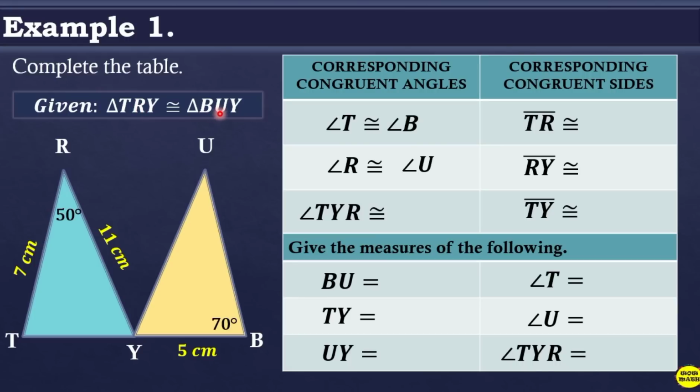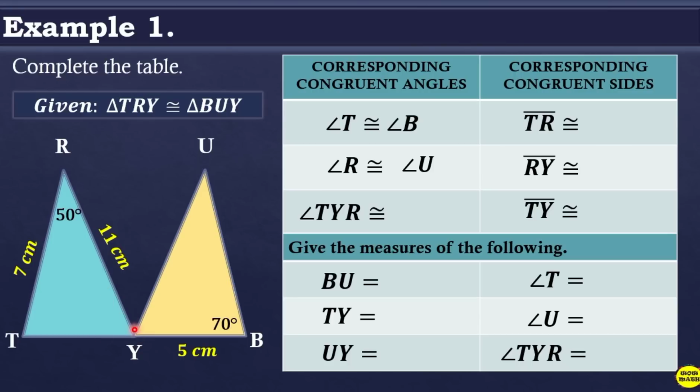Now, as you can see, I use 3 vertices. Why not use angle Y instead, ma'am? Let me clarify that we cannot use angle Y from the given figure. Why?